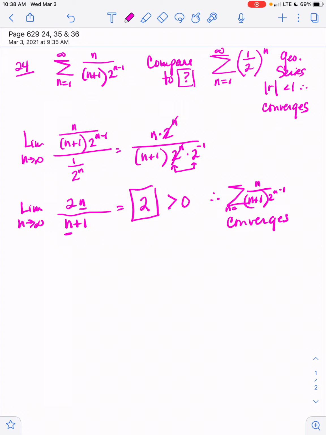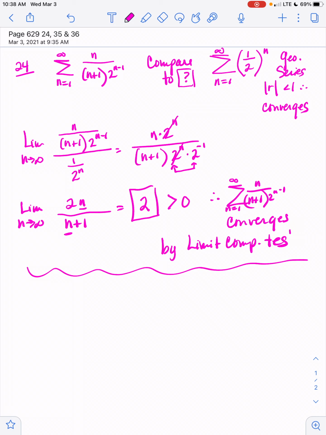And I would say, if I wasn't directed to do so, I would say by the limit comparison test. And that's my final statement, which kind of concludes my work.